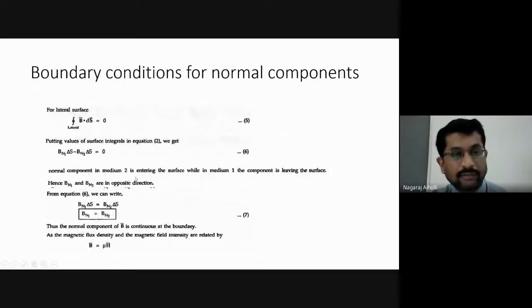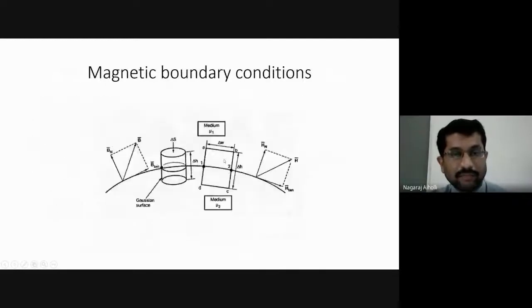The normal component in medium 2 is leaving the surface, while in medium 1 the component is entering the surface. If we are considering Bn1 as entering, Bn2 will be leaving the surface.